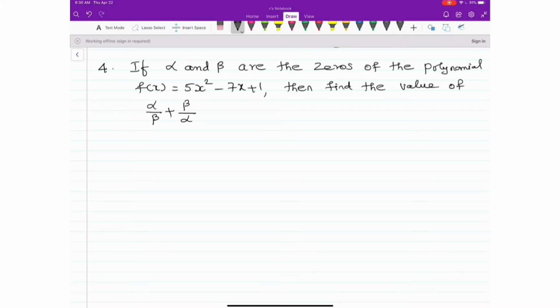Fourth question. If alpha and beta are the zeros of the polynomial f of x is equal to 5x square minus 7x plus 1, then find the value of alpha by beta plus beta by alpha. So, let us do it now. Solution.